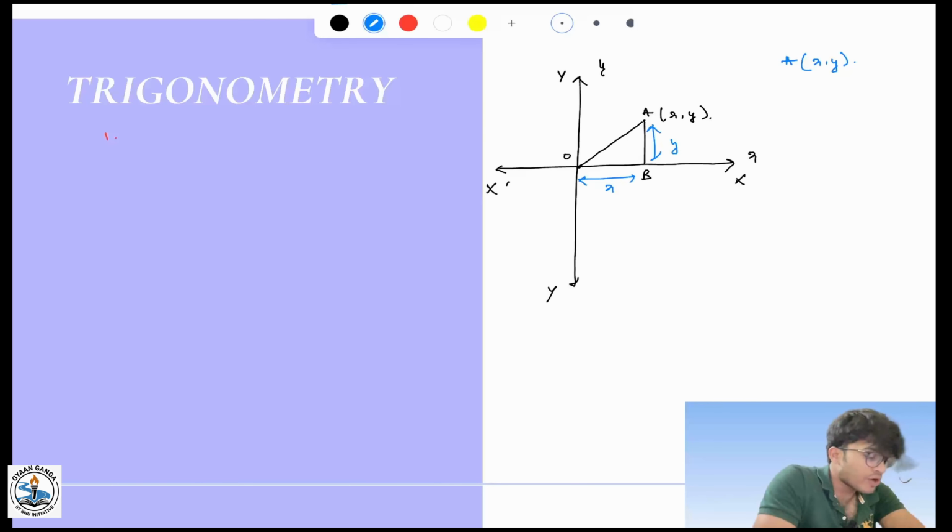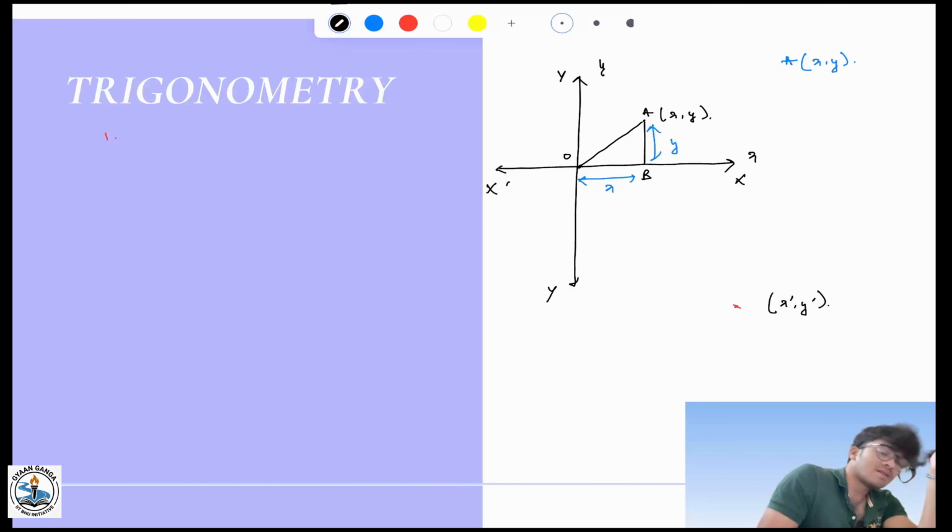Any point, let's say I close my eyes and randomly mark a point here, will also be categorized by some coordinates x dash, y dash.